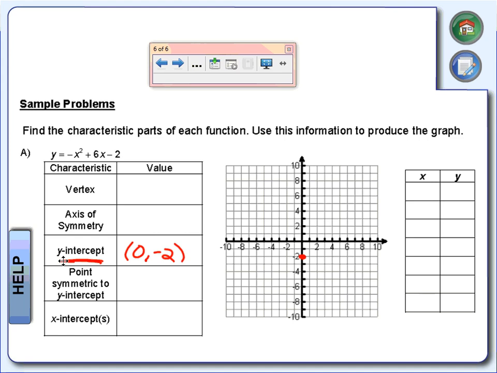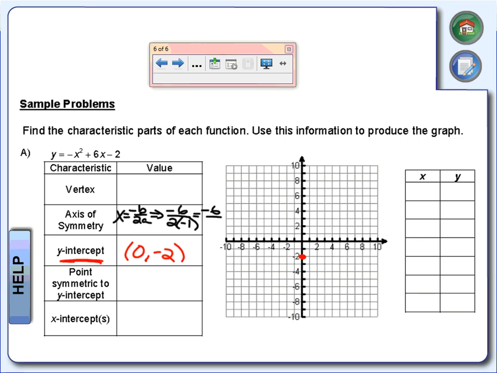The next thing I'm going to do is find the axis of symmetry. To find the axis of symmetry, we use this little formula right here: x equals negative b over 2a. So let me replace the b with a 6, and let me replace a with, what is it? The negative 1. So let's see what we get here.